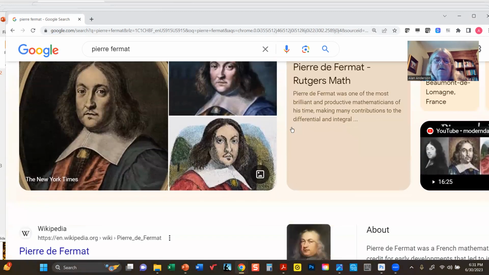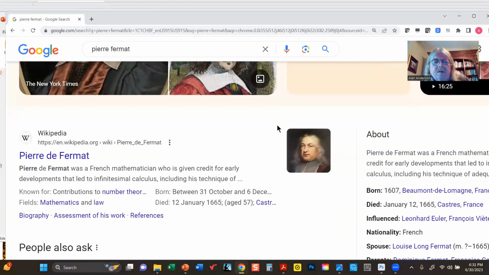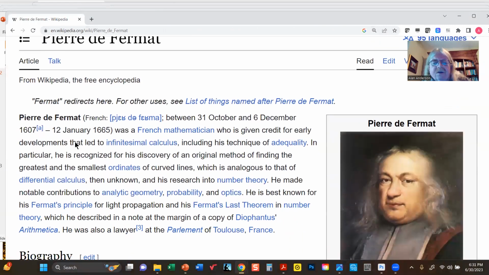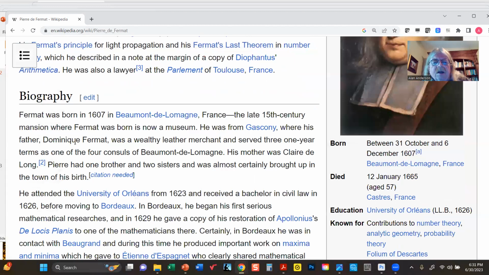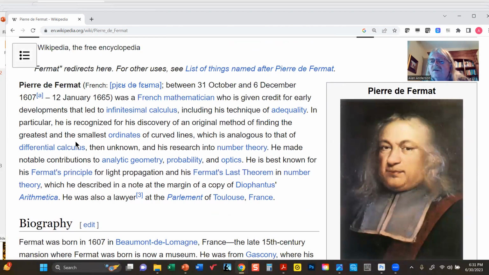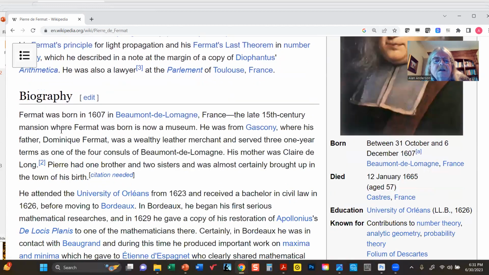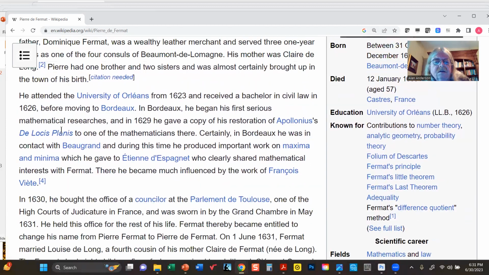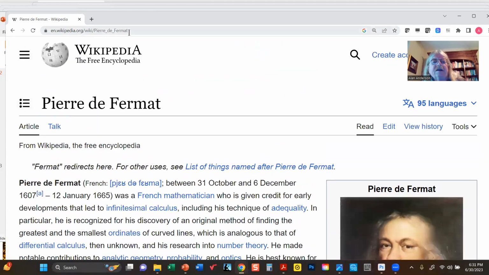There was a problem that he was working on. He was trying to prove it, and I don't remember exactly which one it was, but apparently, before he died, he wrote a note in one of his books saying he had come up with an elegant proof for this theorem. And then he didn't tell anyone what it was. Either he never wrote it down, or it got lost, whatever happened. So it suddenly became an obsession with mathematicians to prove what was called Fermat's theorem. Let me see if I can look it up.